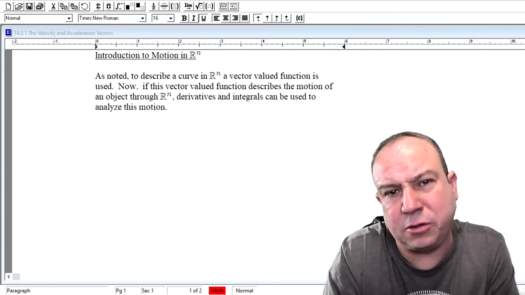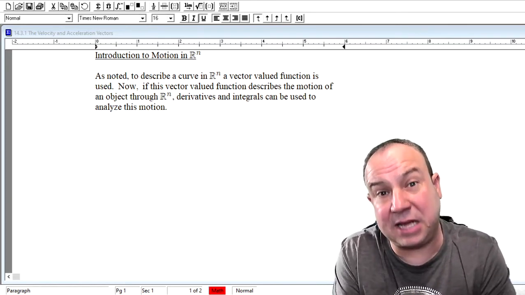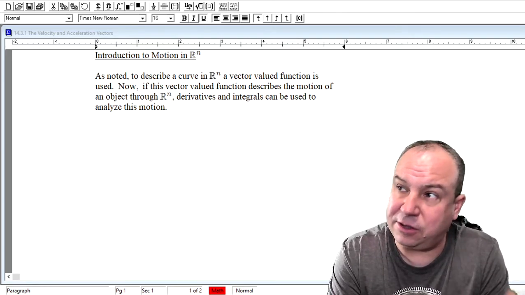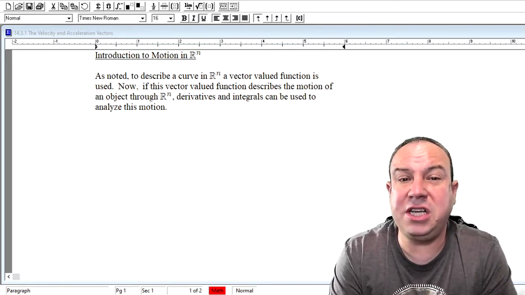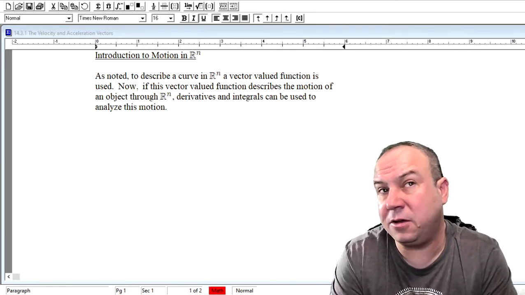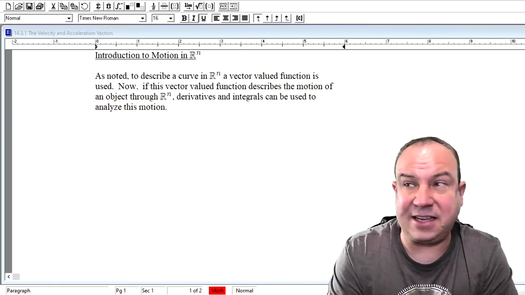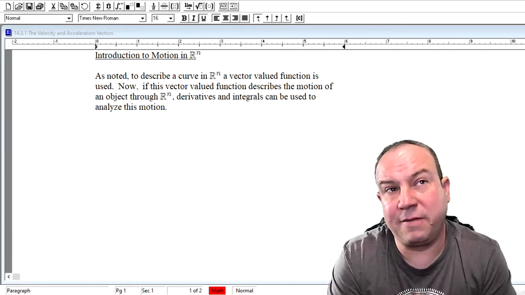Multivariable equations produce surfaces or hypersurfaces in three-dimensional space and beyond. So in three-dimensional space and beyond, or even down in two-dimensional space, what we can do is discuss motion in the context of a vector-valued function. We can talk about position or path, or curves, within the context of vector-valued functions.